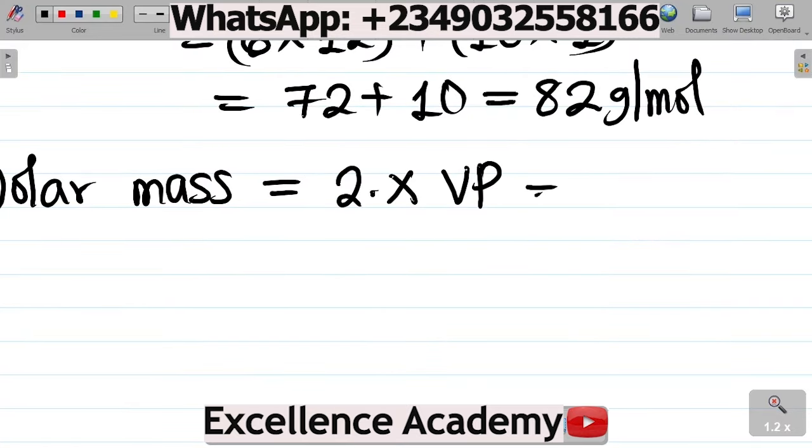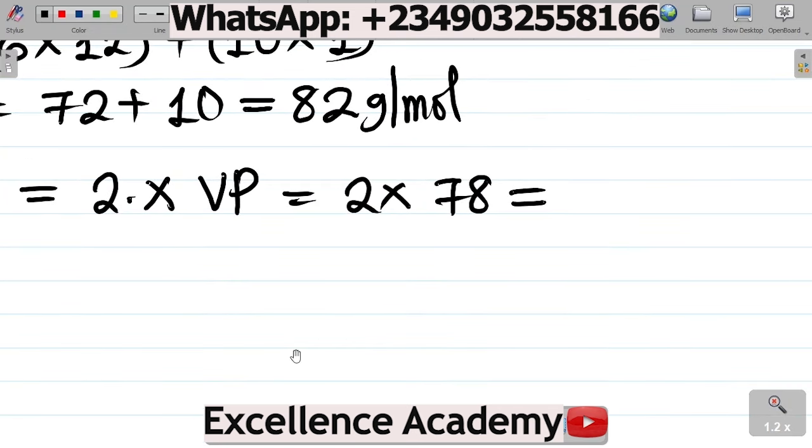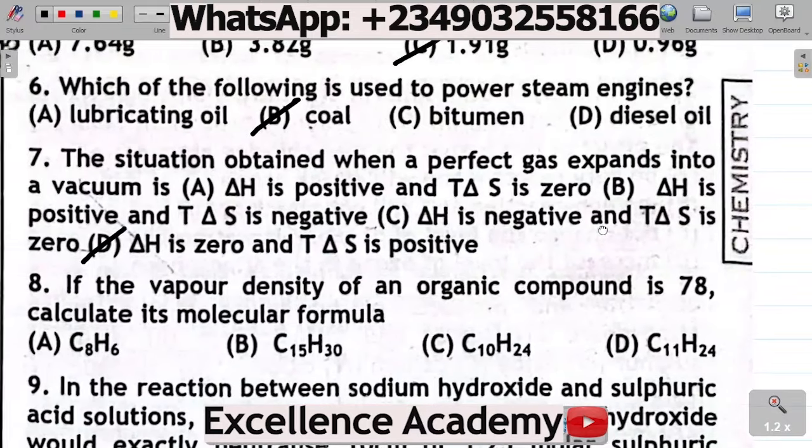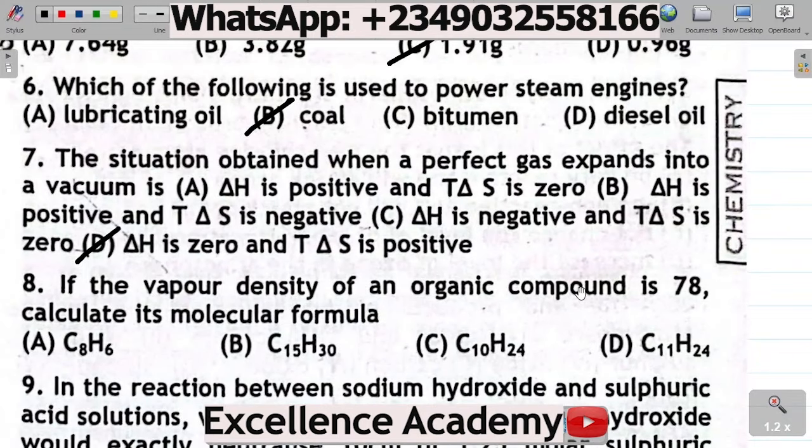This is equal to 2 times 78, and the value there is 156. So this is the molecular mass or the molar mass, in gram per mole. All we have to do is pick out which of these options has the molecular mass of 156.